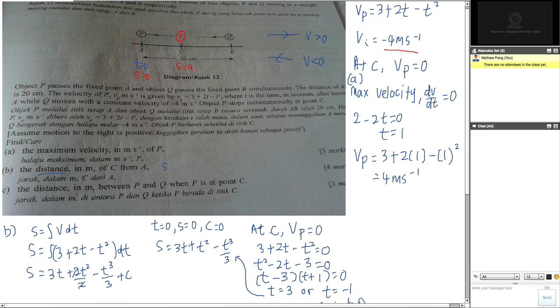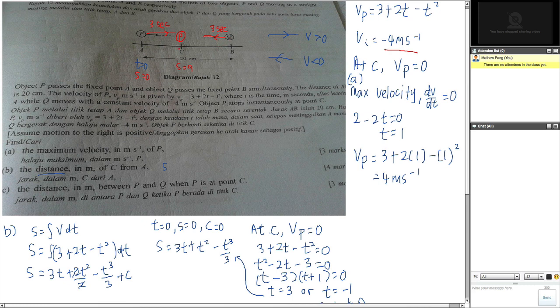So we know P from A to C used 3 seconds. That means Q is going to move 3 seconds also. Correct or not? So now I want to know what is the displacement if Q is moving 3 seconds?